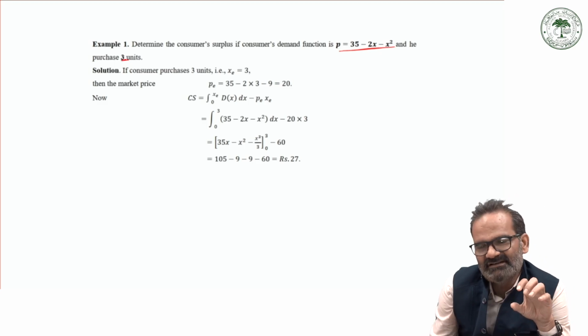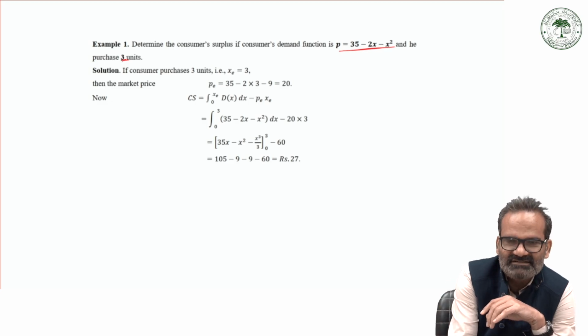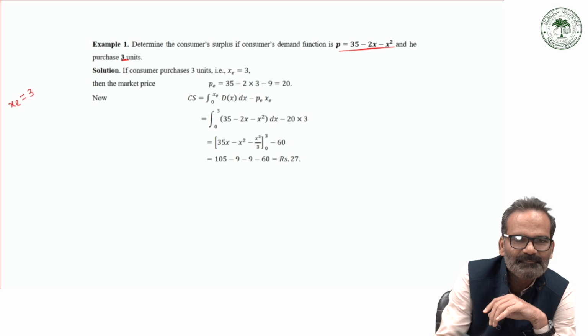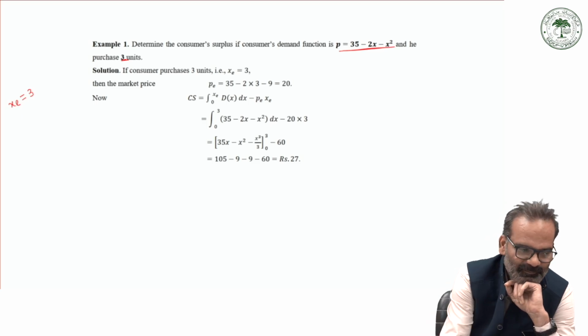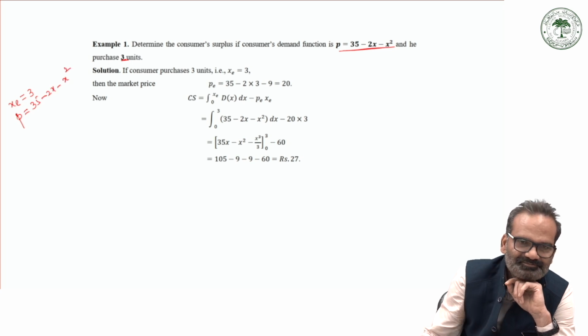The consumer is purchasing 3 units. It means it's the demand of the consumer. So how will we denote this 3? This is XE equals 3 units, right? And P is given as 35 minus 2x minus x square.